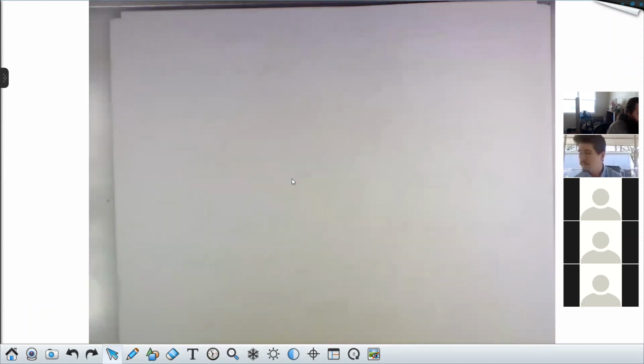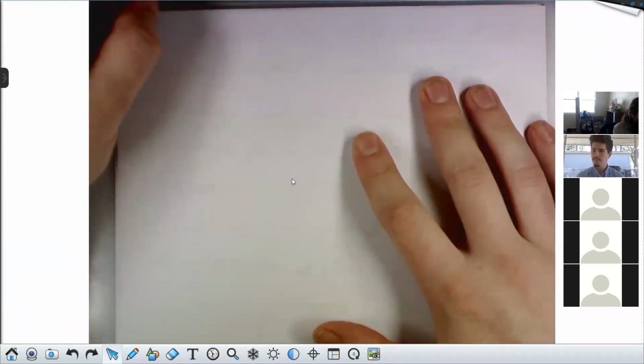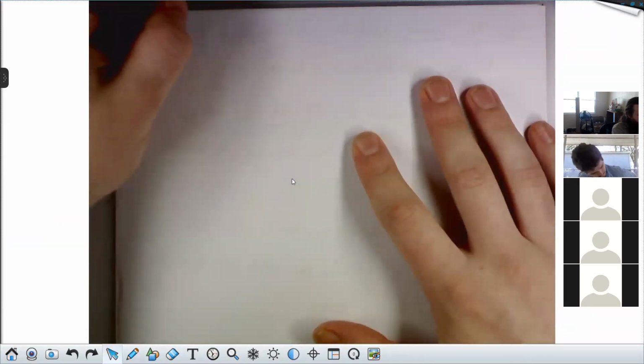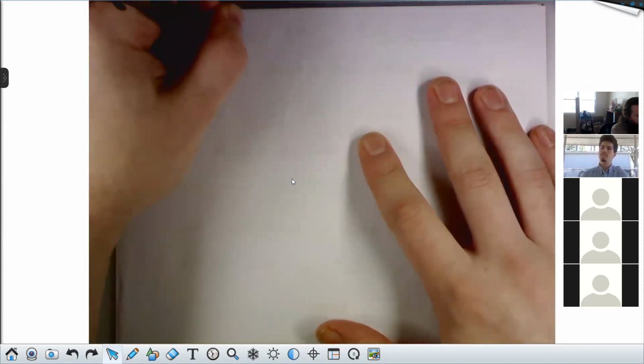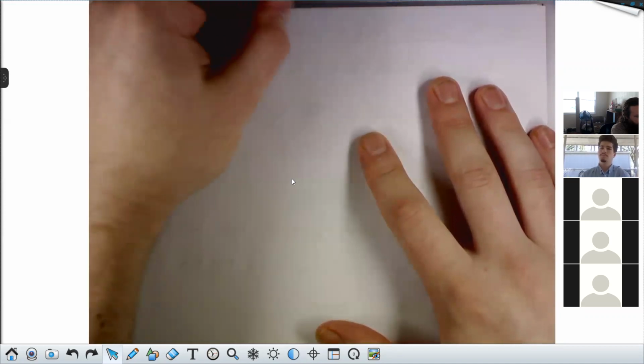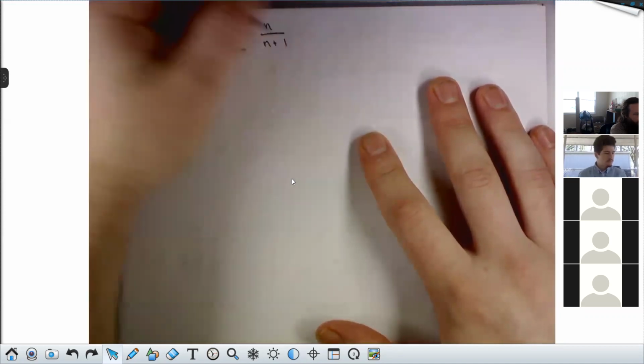So just for practice, this is mostly about algebra. Find the limit as n goes to infinity of n over n plus 1. How do I do this?